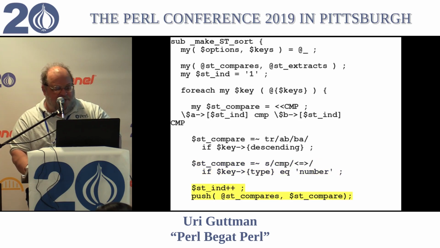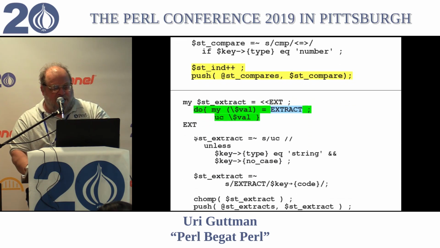Just as equal. Now I bump the index for the next key. Remember, it starts at 1 because the 0 location is the original value we're sorting. Location 1 is the first key, location 2 is the second key. And then I basically store the compares onto an array.